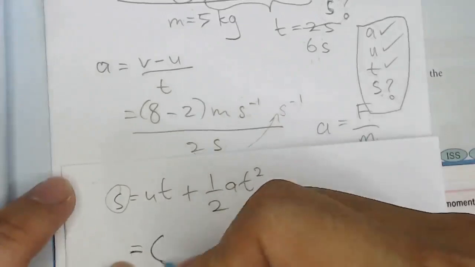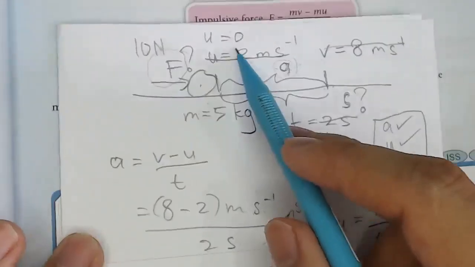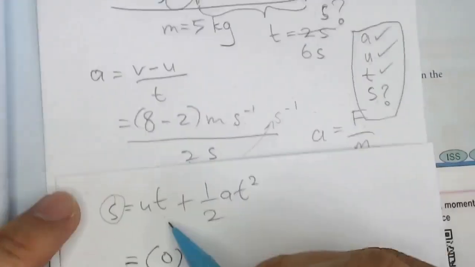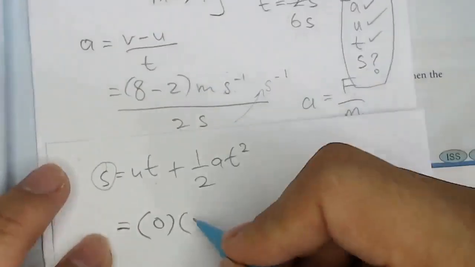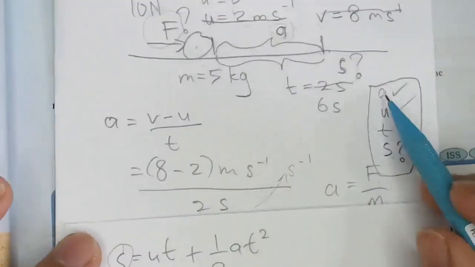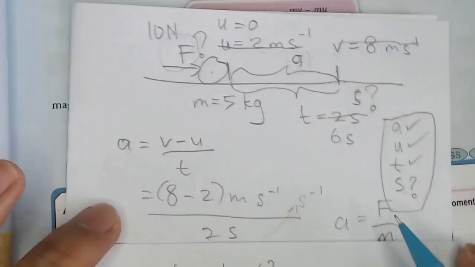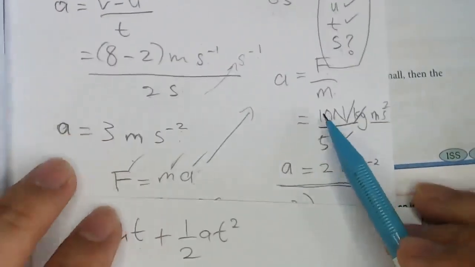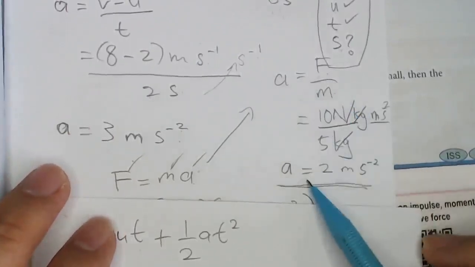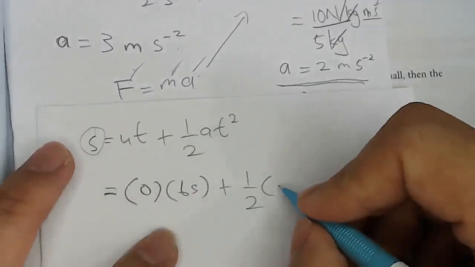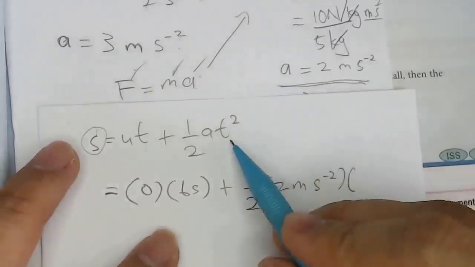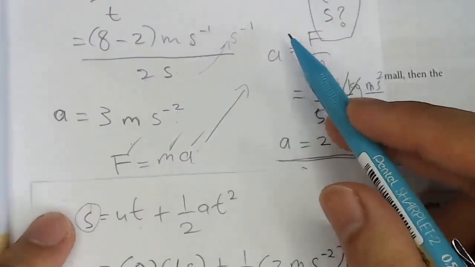We just need to begin with substitution. U is 0. And T is 6 seconds, plus a half. A is what we acquired from this formula, 2 meter per second, and T is 6 seconds.